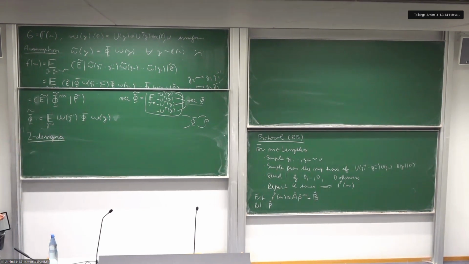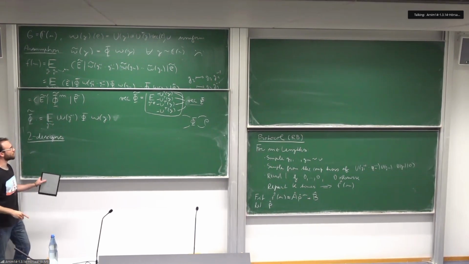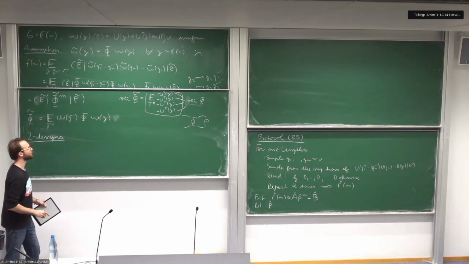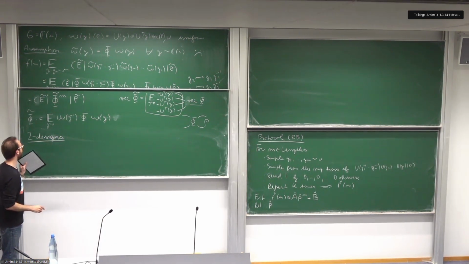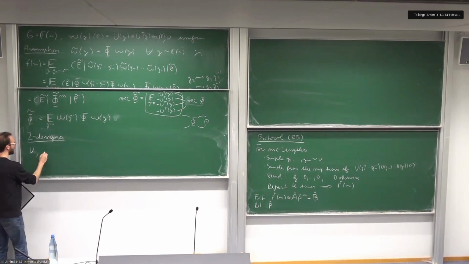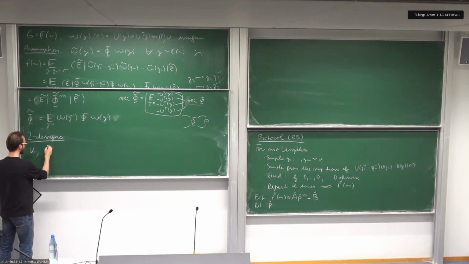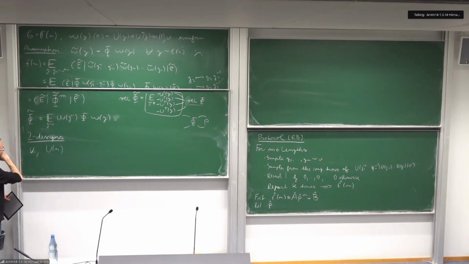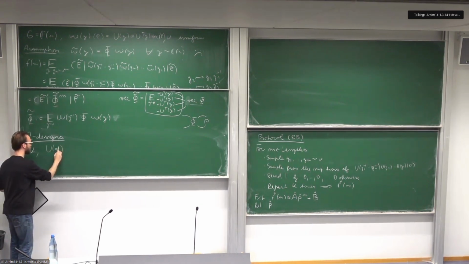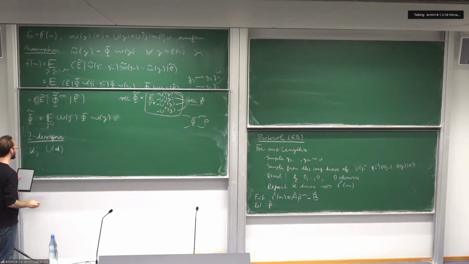Okay, 2-designs. The theory of 2-designs is concerned exactly with the study of these objects. A 2-design is a probability distribution over the unitary group, and call it nu.